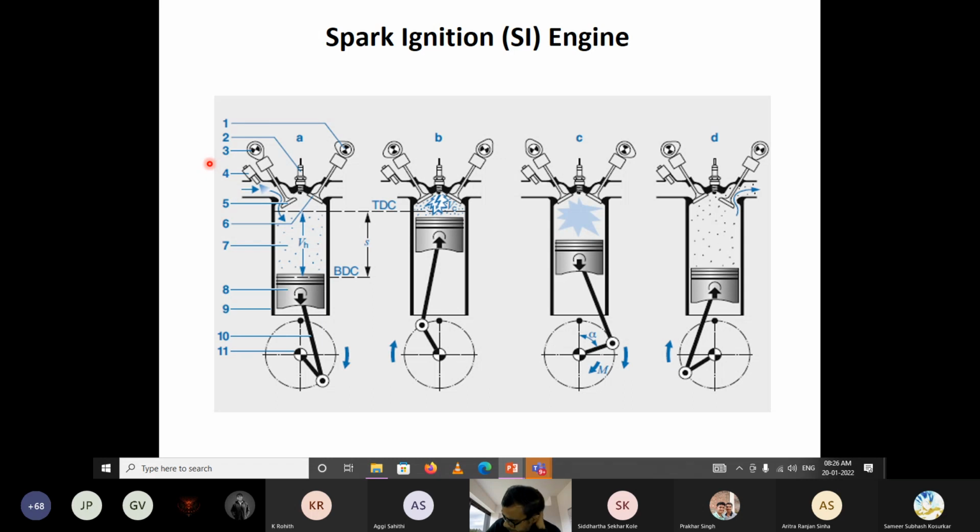Camshaft. Okay. So what is the difference between 1 and 3? One guides the intake valve and the other guides the exhaust valve. Which guides the intake valve? Third. Very good. What is fourth?